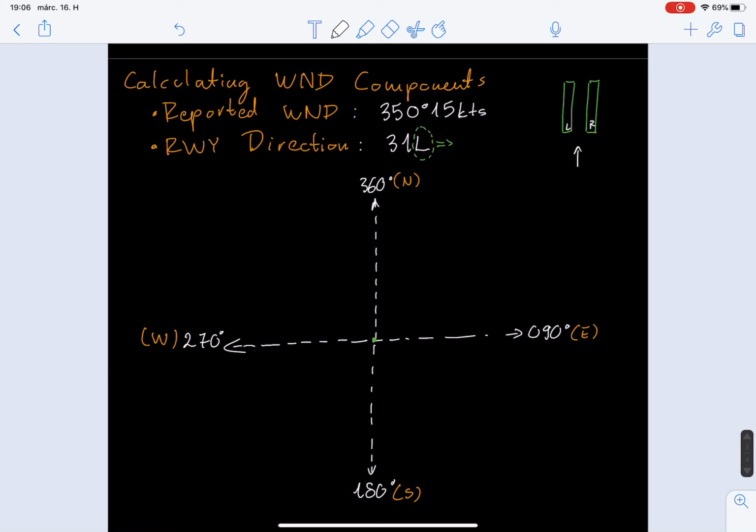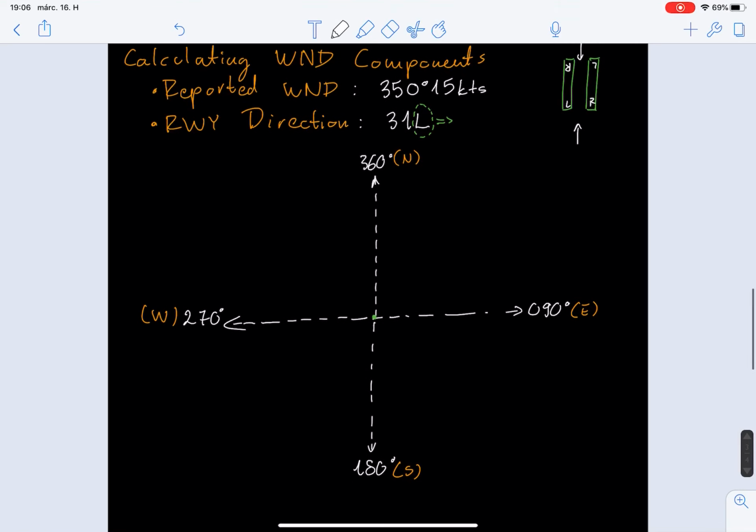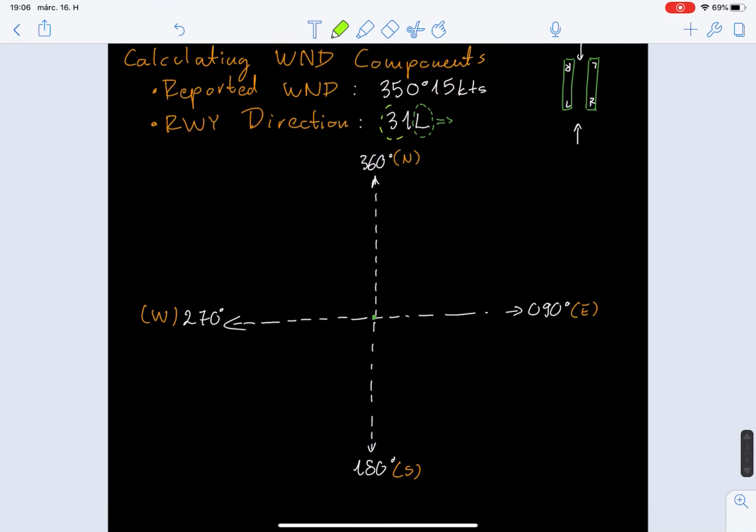And of course, from the other side, this would be the left, and this would be the right direction, where you're coming in from this direction, right? So this is what the designation means in real life, but in performance, it's not going to have any significance at all. However, this part is more important, the runway direction.